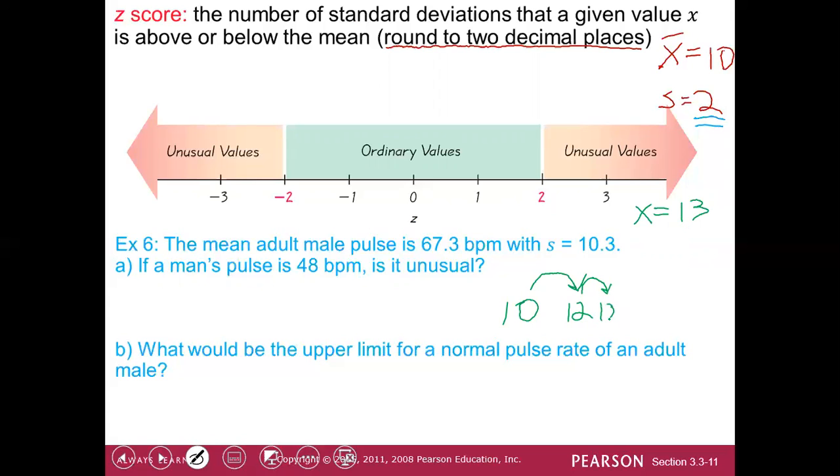That'd be another half of a hop. So that is 1.5 hops, so the z-score that goes with 13 would be 1.5.